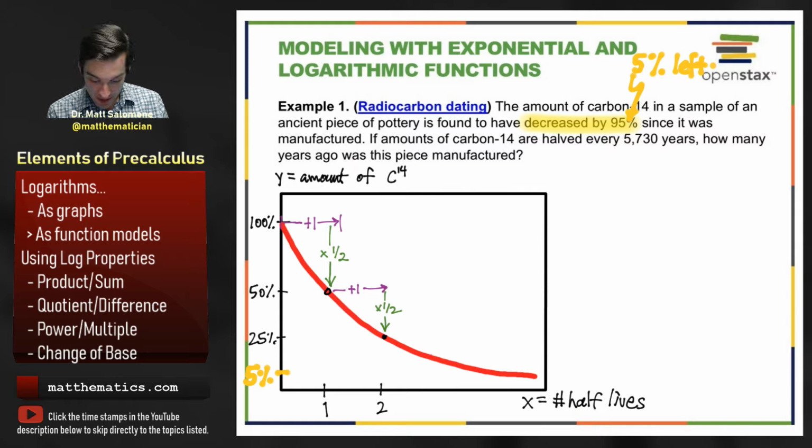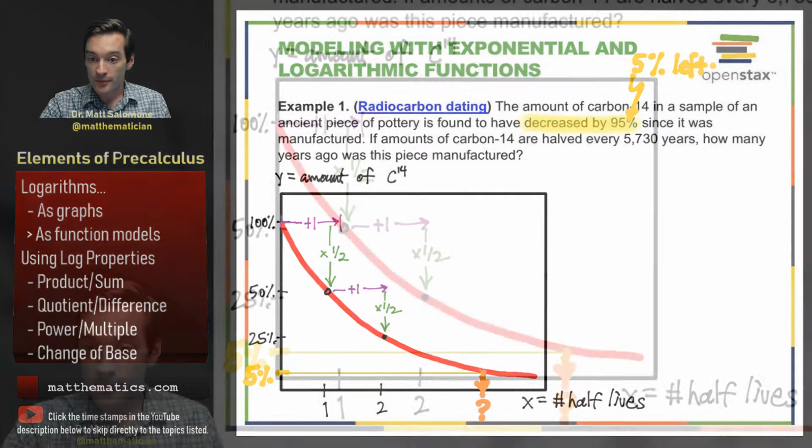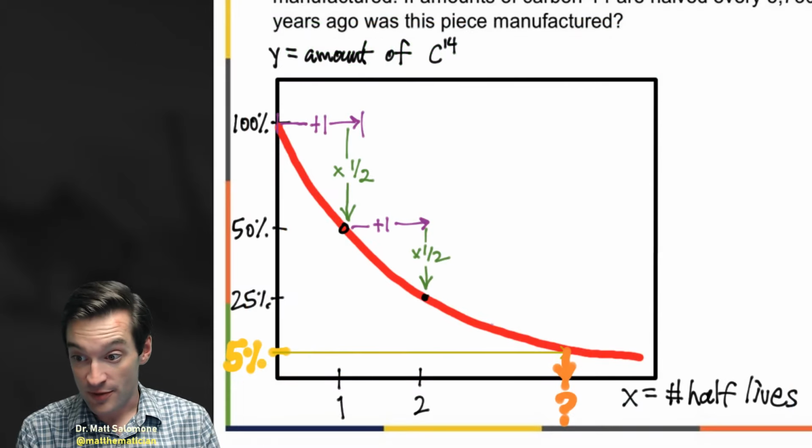And so we'd really be asking on this graph to find what x value correlates to a y value that has fallen all the way to 5%. So that question mark right there is how we're trying to answer this problem at the end of the day. So there's the problem. We just have to figure out how to find an answer to this problem.